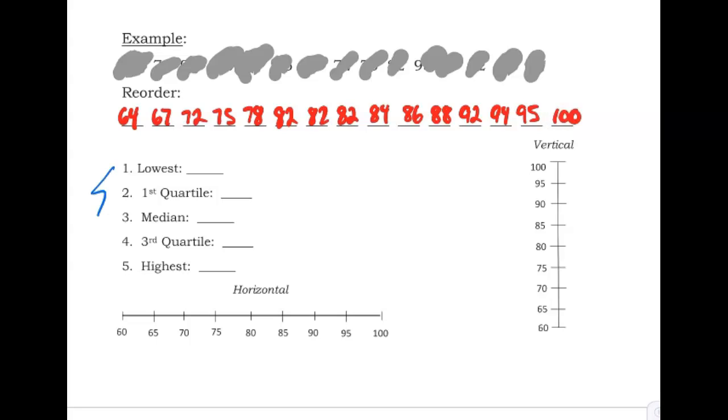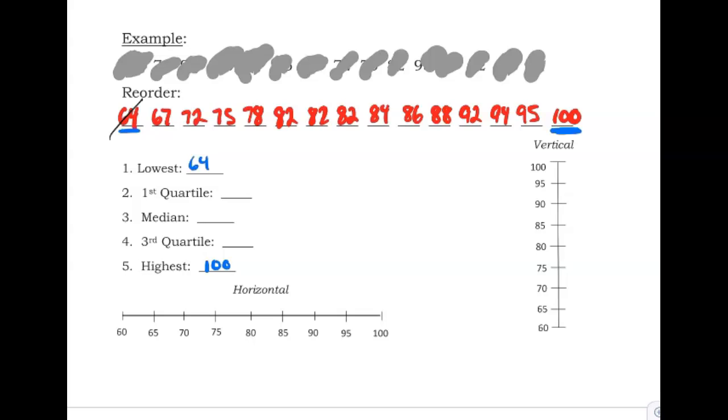Now it's asking us for our 5 crucial values here, and the lowest one is obviously 64, and the highest one is clearly 100. Those two are no-brainers. So now we have to figure out the quartiles and the median. The next easiest one to find is the median, because it's the one in the middle.